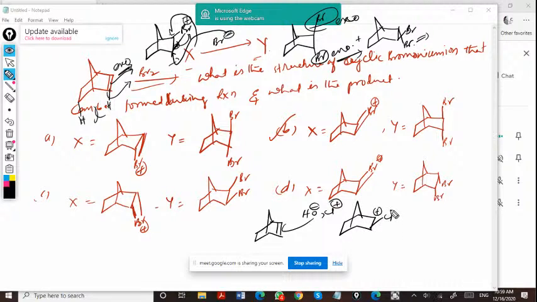So this will be the carbocation, which will be stabilized with the lone pair. So again the OH minus will not attack from the same side because the lone pair is going to repel. So it must attack from the anti-plane. So that's why it is going to give trans. Okay, is it clear to you?